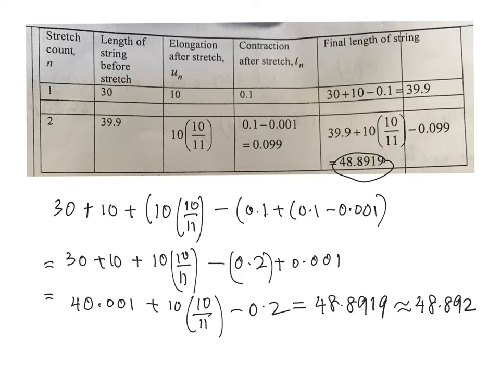Right, the second part is actually a combination of a GP and an AP. So let's write the elongation first.